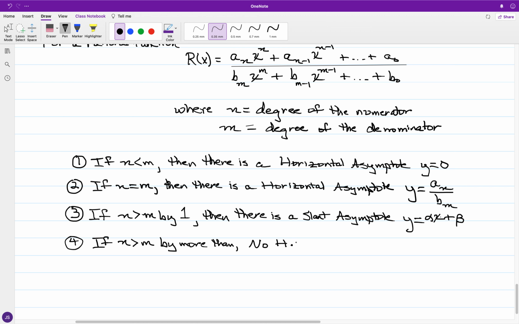So you have no horizontal asymptote and no slant asymptote. So if there's to be an asymptote, it's not going to be a horizontal or a slant one, if the degree in the numerator is greater by more than 1.